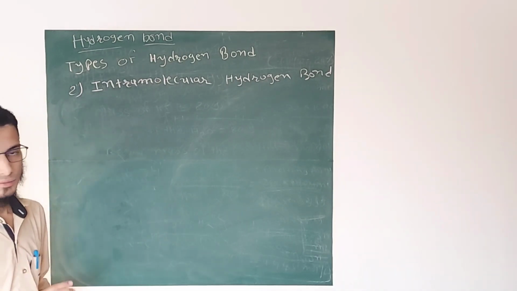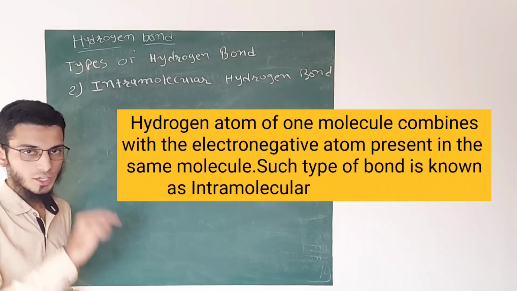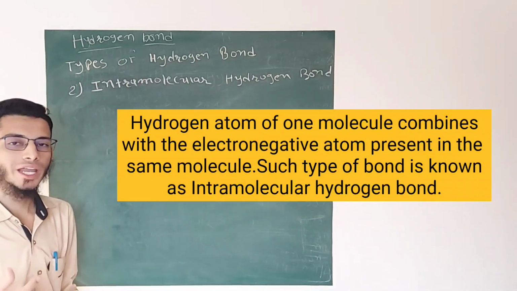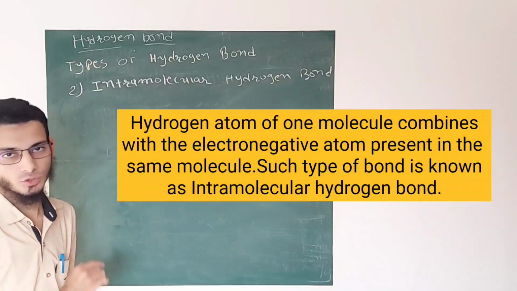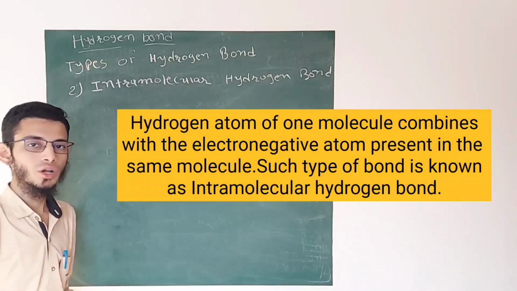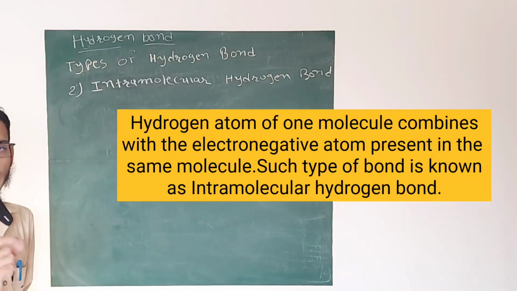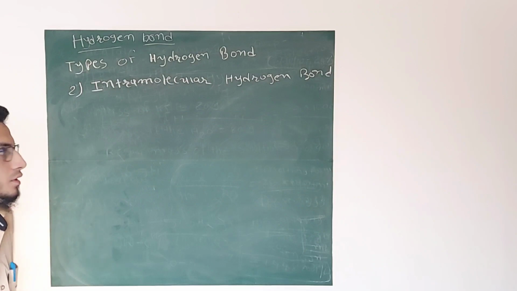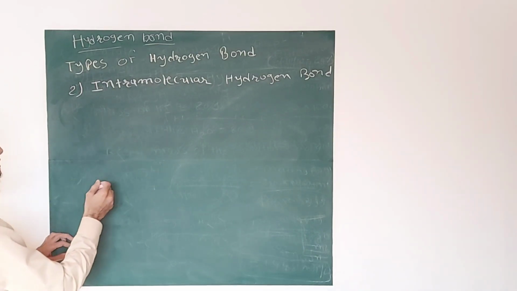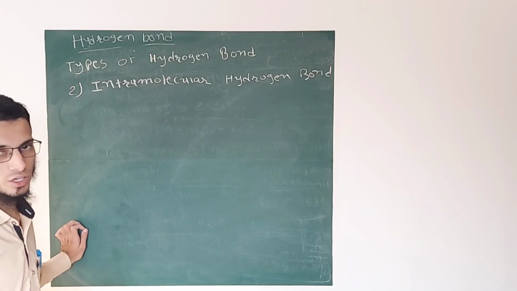So the definition is: hydrogen atom of the molecule combined with the electronegative atom in the same molecule is known as intramolecular hydrogen bond. So the examples are orthonitrophenol and orthonitrobenzoic acid.